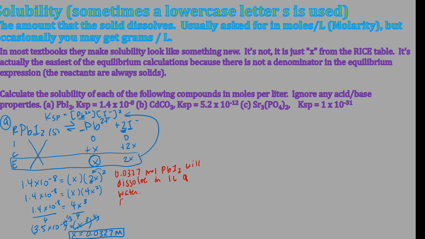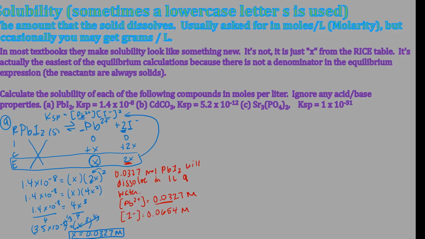So my concentration of lead(II) would be 0.0327 molar in a saturated solution. It has to be, it's completely saturated, no more can dissolve. And iodide would be twice that because it'd be 2x. So that would be 0.0654 molar in a saturated solution, because it's twice as much as this one.